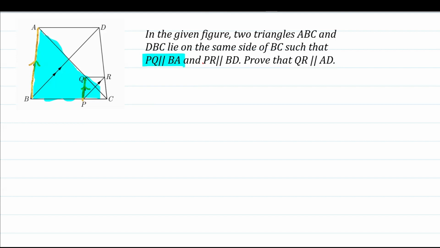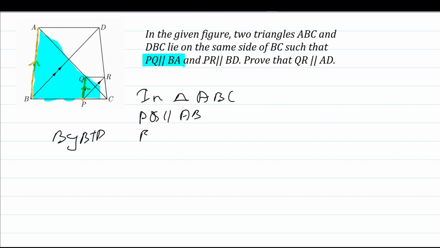So in triangle ABC, we have PQ parallel to AB. So by BPT, we can say that BP over PC should be equal to AQ over QC.